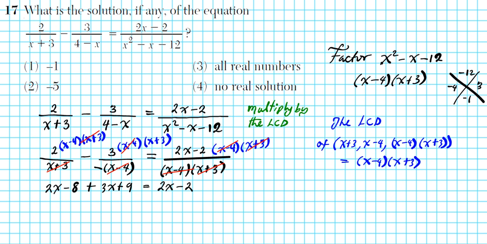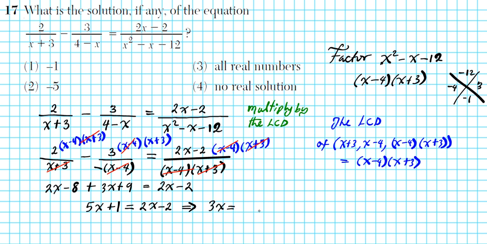Let's go ahead and combine like terms. We can combine 2x and 3x. That gives us 5x. Minus 8 plus 9 is positive 1. That is equal to 2x minus 2. Actually, we subtract 2x from both sides, we have 3x.